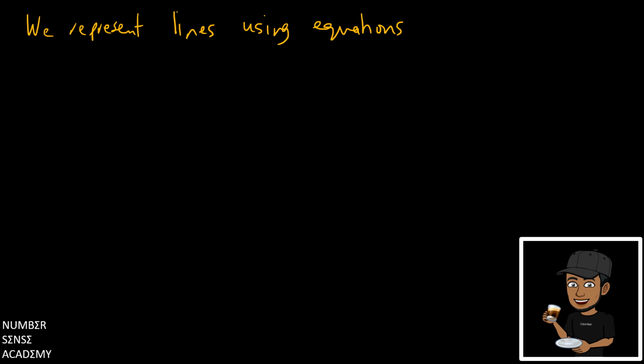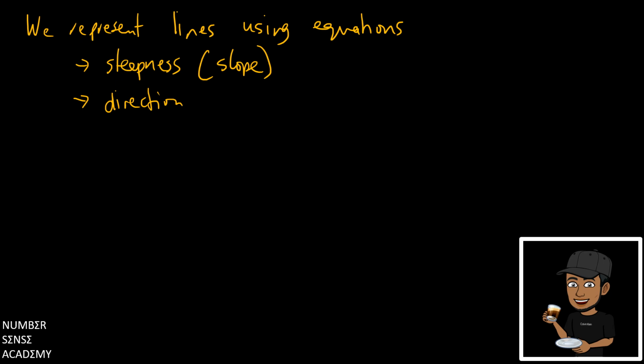The equations tell us about the steepness of the line, and they tell you about the direction of the line. Just by looking at the equation, you can determine the steepness, and we call this slope. And we can determine the direction.